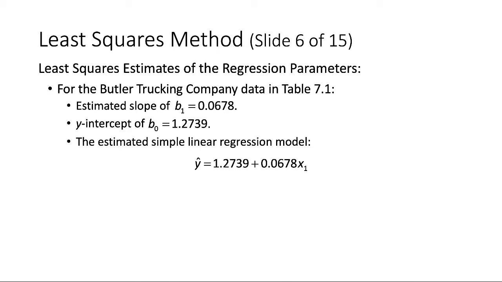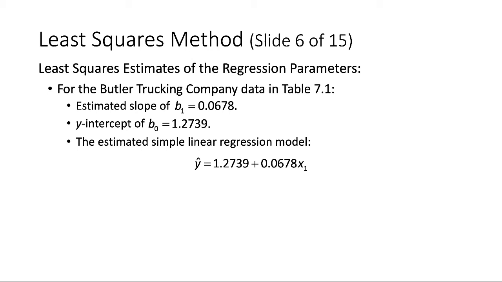For the trucking company data in the previous table, we have an estimated slope of 0.0678 and a y-intercept of 1.2739, which minimize the sum of squared errors. Therefore, our estimated simple linear regression equation is ŷ equal to 1.2739 plus 0.0678 times x.